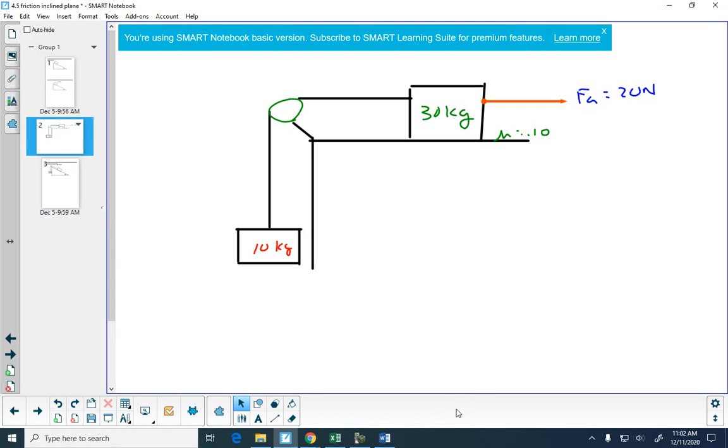So we need to know which direction our mass is moving. Is it moving to the right or to the left? Is it moving up or down? We have to figure that out.